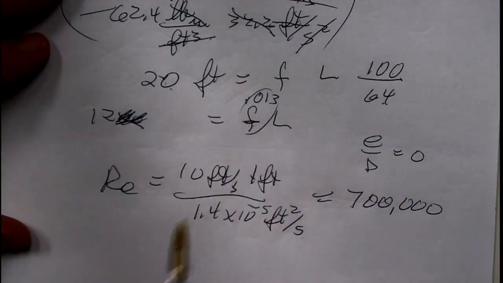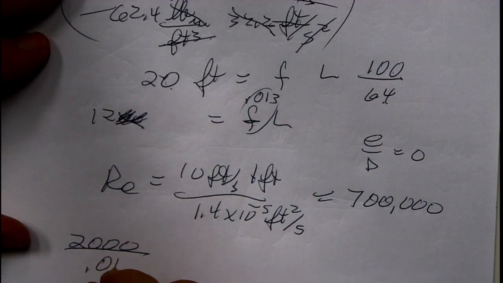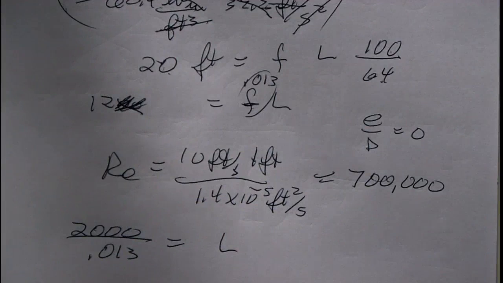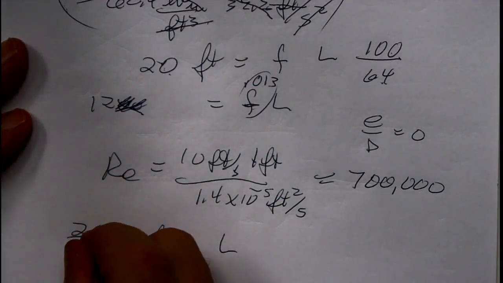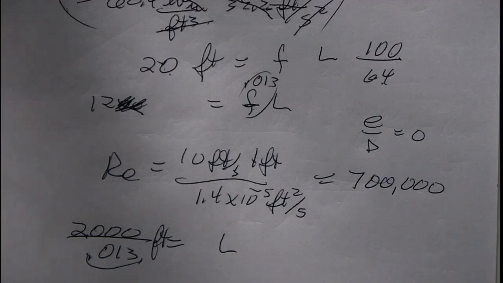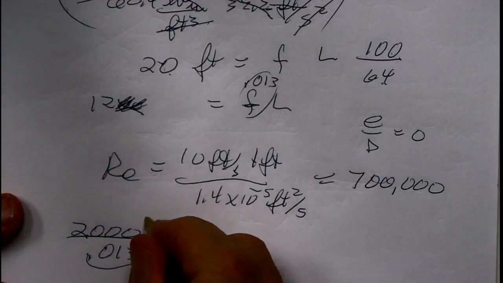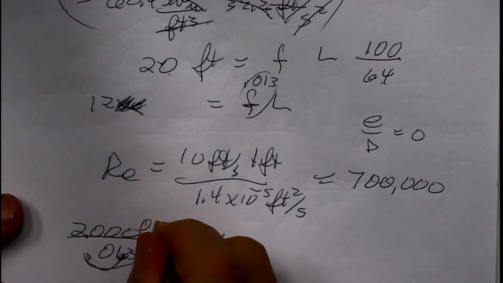And so I have 20 divided by 0.013 is my length. That would be feet. Or I quickly see that to make this 13, excuse me, wrong direction. That would be, if I do that, I'll just make it 200.